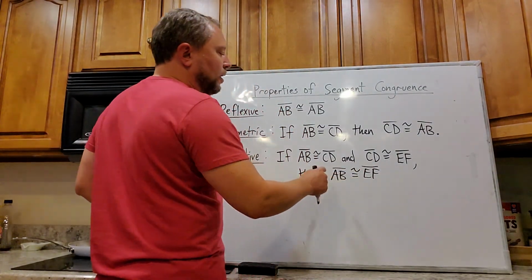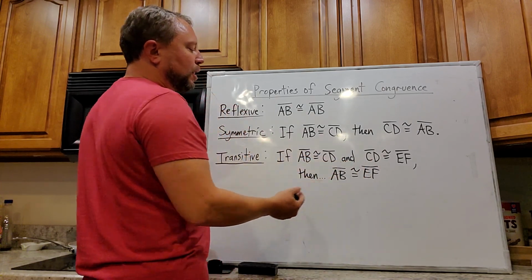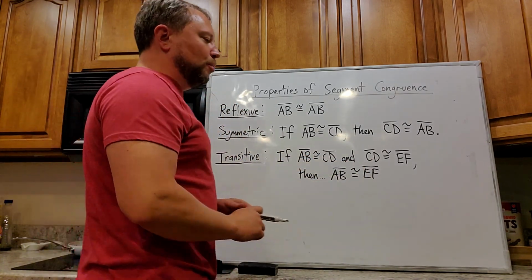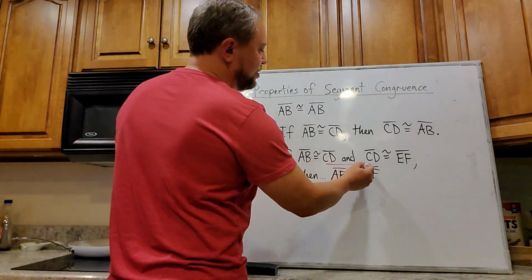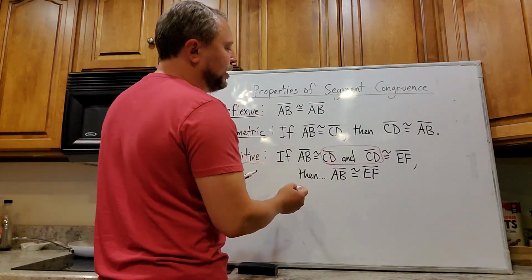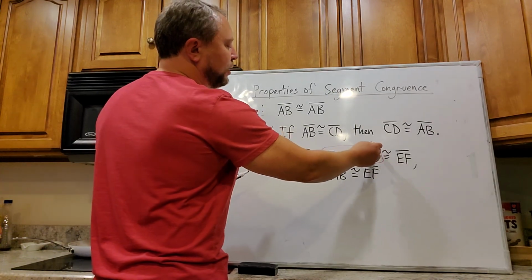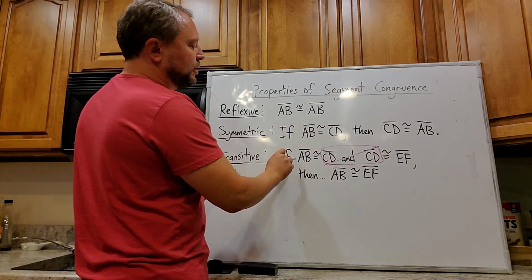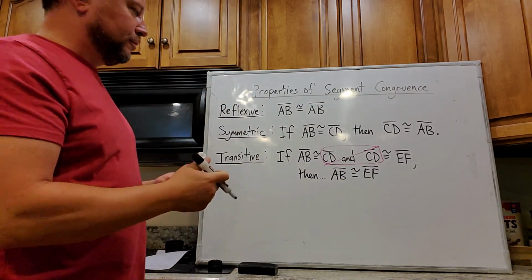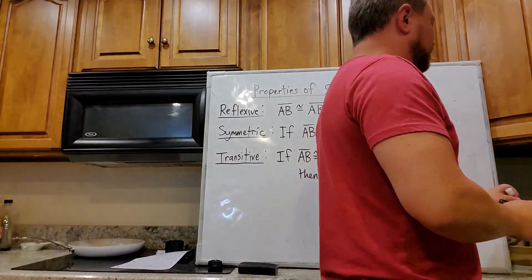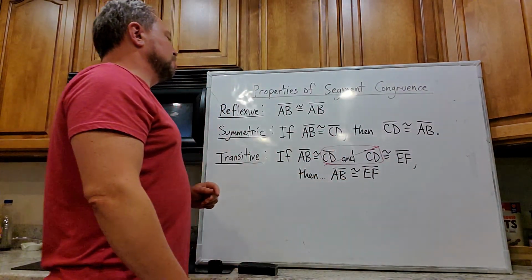Because the segment CD here is really just a middleman. He's the one connecting the two ideas. So we're essentially eliminating the middleman and just saying that AB would be congruent to EF. Okay, so that's the transitive property.